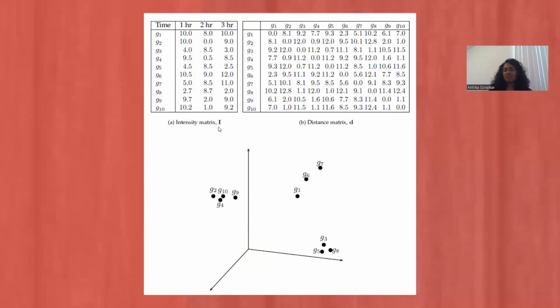This intensity matrix in this example has n rows and m columns. The n rows correspond to the genes that are present in the cell, and the m columns correspond to the particular time period or the condition where the genes are switched on and off. This expression matrix thus represents the intensity of hybridization signals produced by this DNA array.